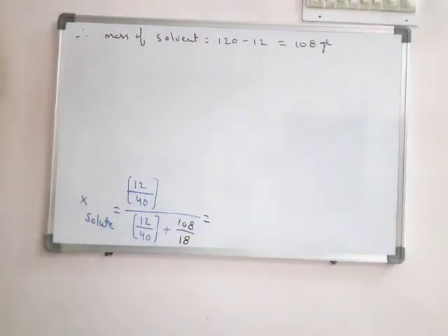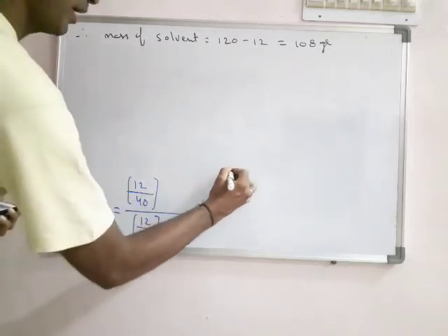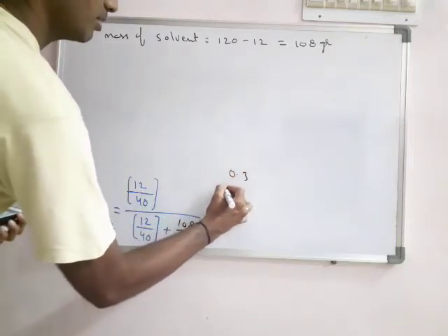So now we do this calculation, 12 by 40. Here we are getting 0.3.